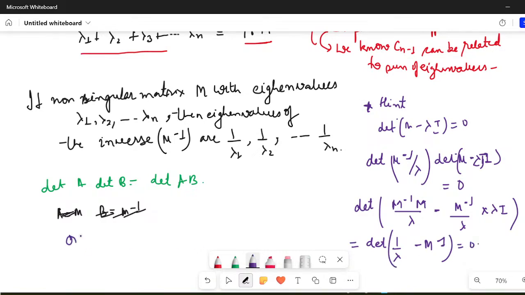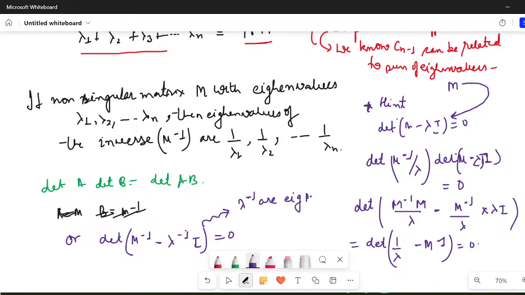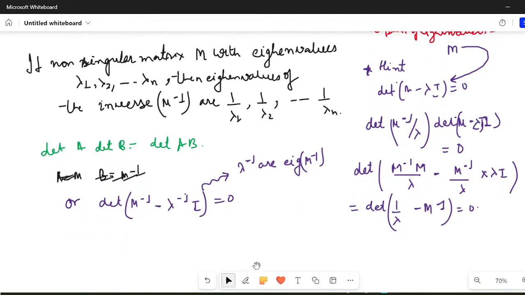Or in other words, the determinant of M inverse minus lambda to the power minus 1 times identity is equal to 0. So when we were trying to find the eigenvalues for M, it was equivalent to solving this characteristic equation. And from here, I can say that lambda to the power minus 1 are the corresponding eigenvalues for M inverse.